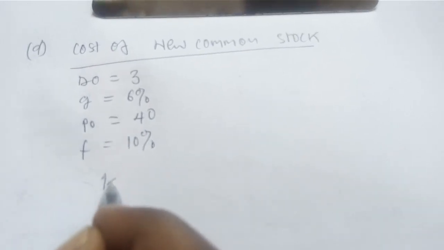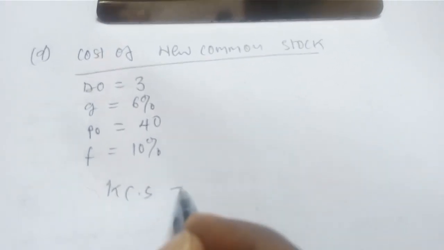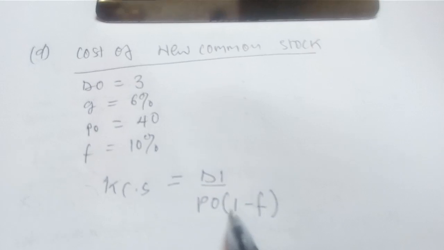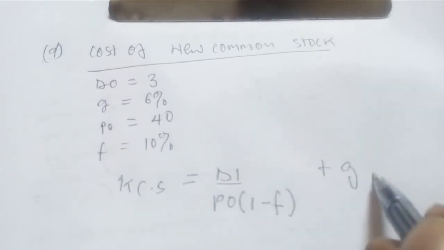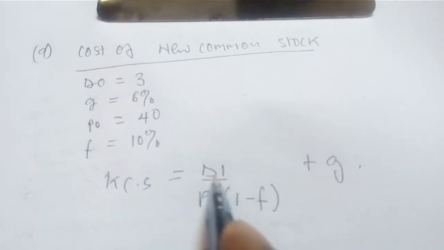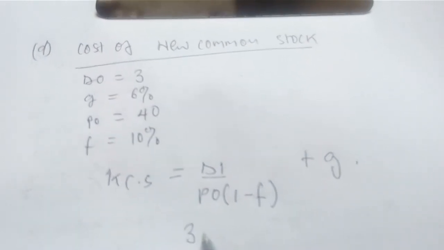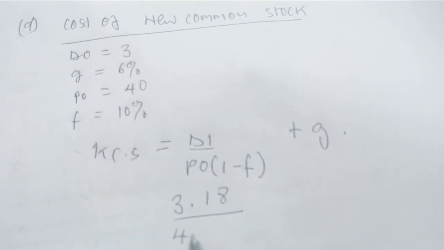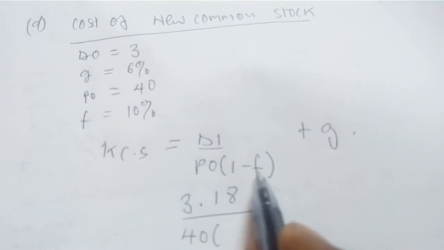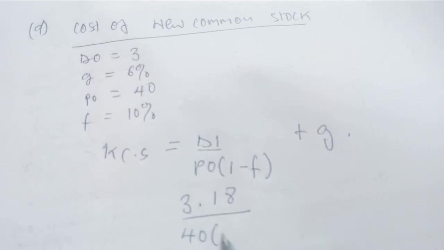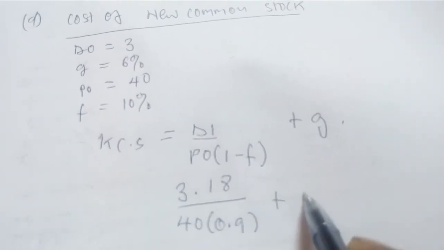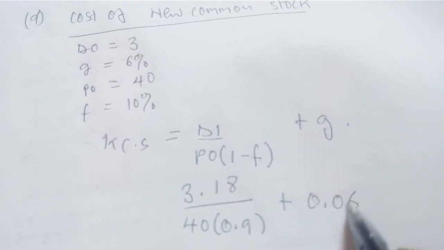this being the case, the cost of newly issued common stock will be the D1 over the price, but we have to make an adjustment of the flotation cost, in brackets 1 minus F, plus the growth rate. So the D1 still remains the same, which is 3.18 over the price, which is 40, then 1 minus 10%, which is giving me 0.9, plus the growth rate, which is 0.06 or 6%.